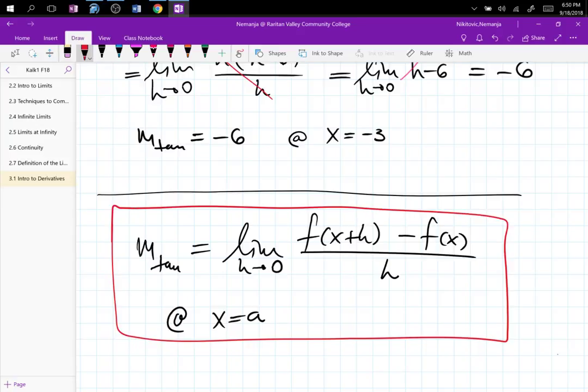This formula is amazing because you don't have to use a particular a. You are using x instead of a. So you are solving for all possible slopes, all of them, in one shot, and then at the end, pinpoint which one you want.